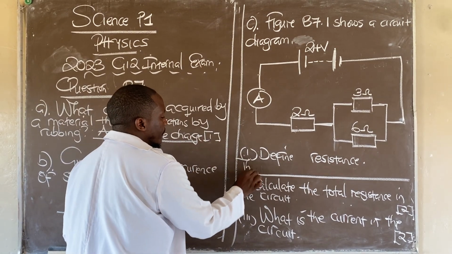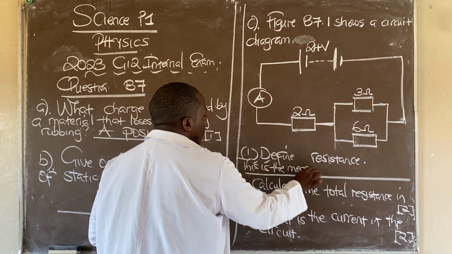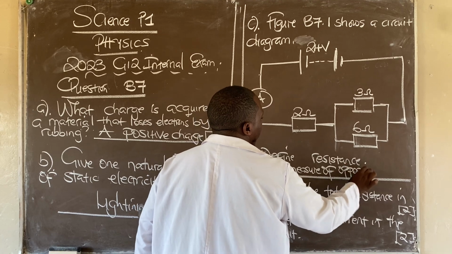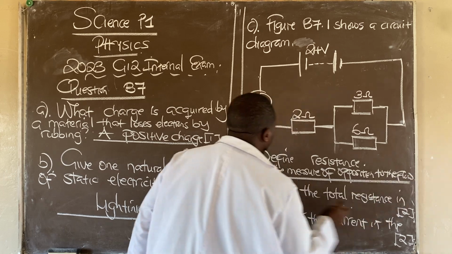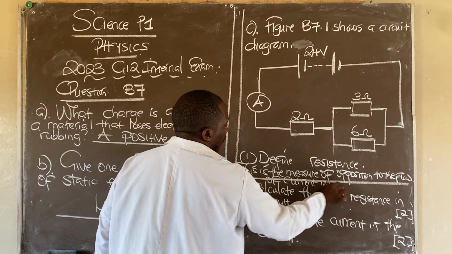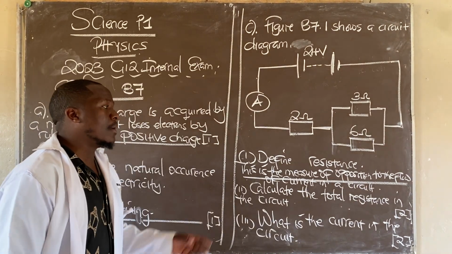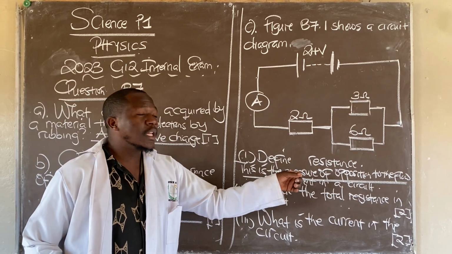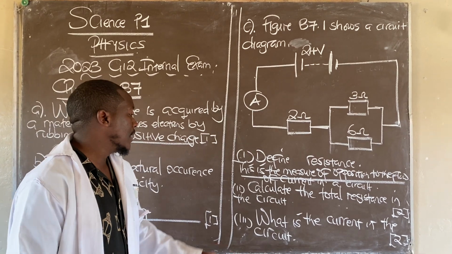So I'm going to say this is the measure of opposition to the flow of current in the circuit. And resistance is usually given in ohms.